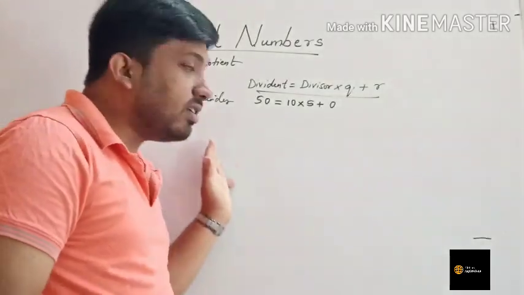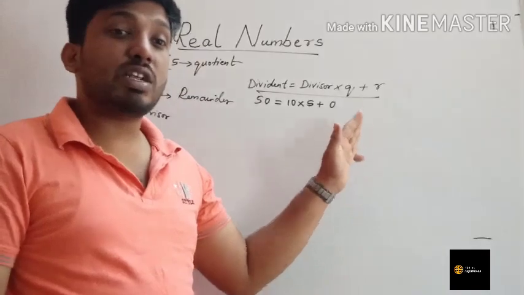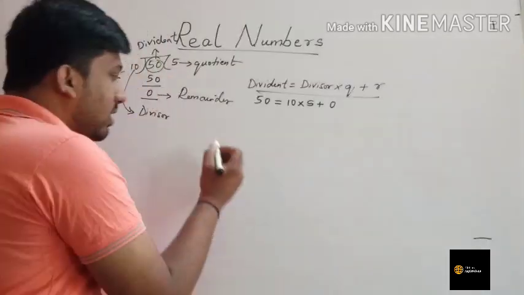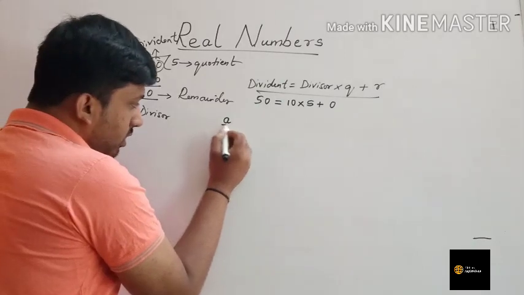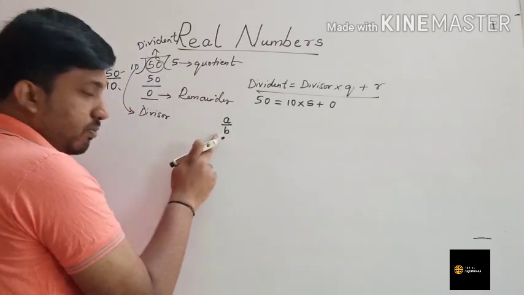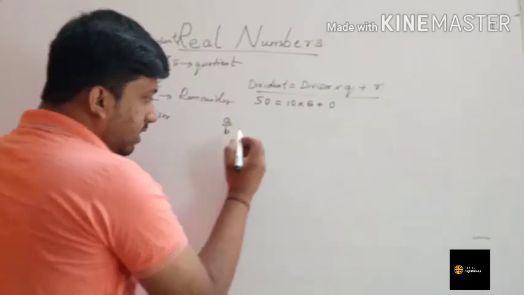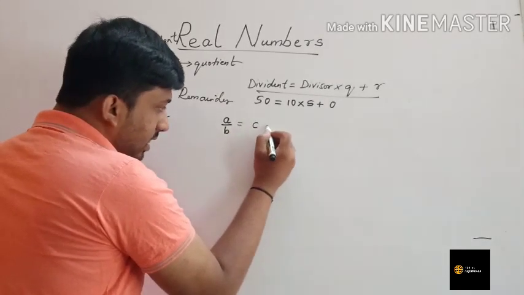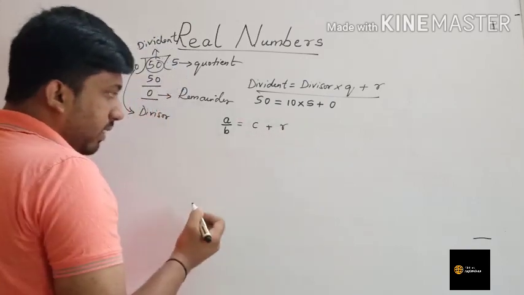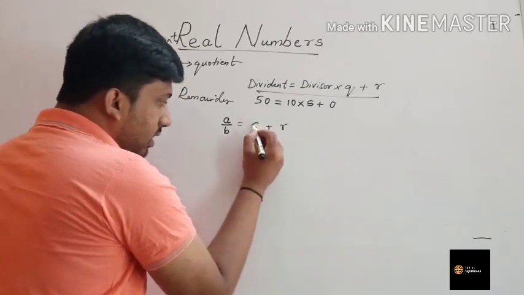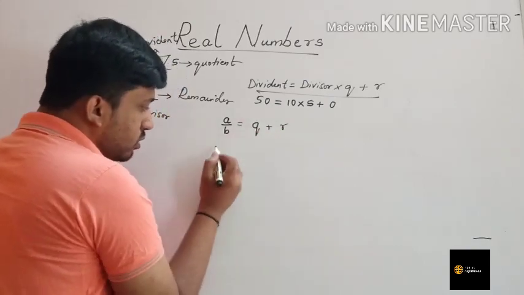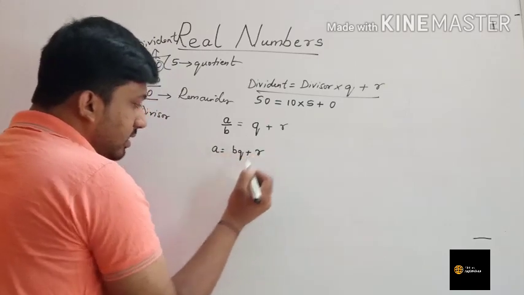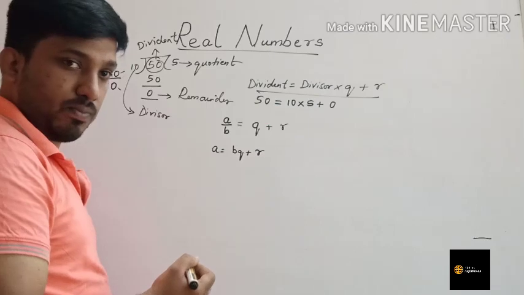Even Euclid's division lemma states the same thing. Whenever some integer a is divided by b, such that an integer q arises and a remainder r, a is equal to bq plus r is the division lemma.